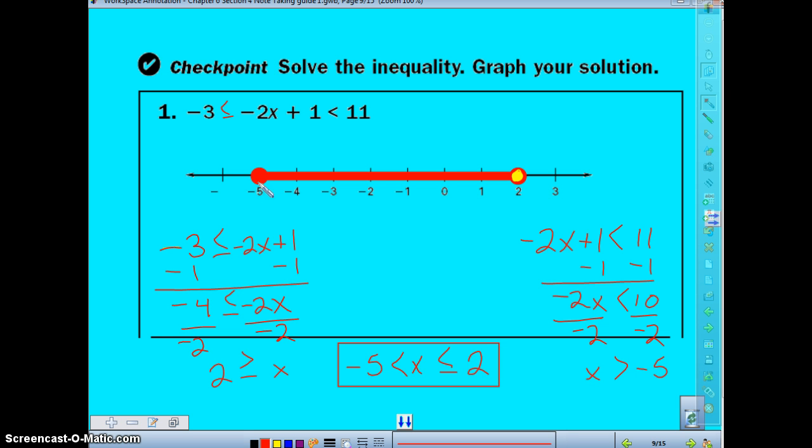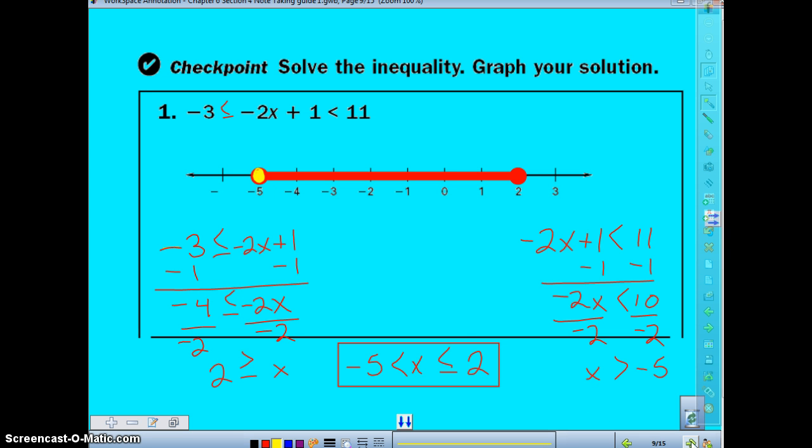I actually messed up on the graph and put the wrong one filled in. So I'm going to go from negative 5 to 2, and because there's no equal sign, the negative 5 is the one that is not filled in.